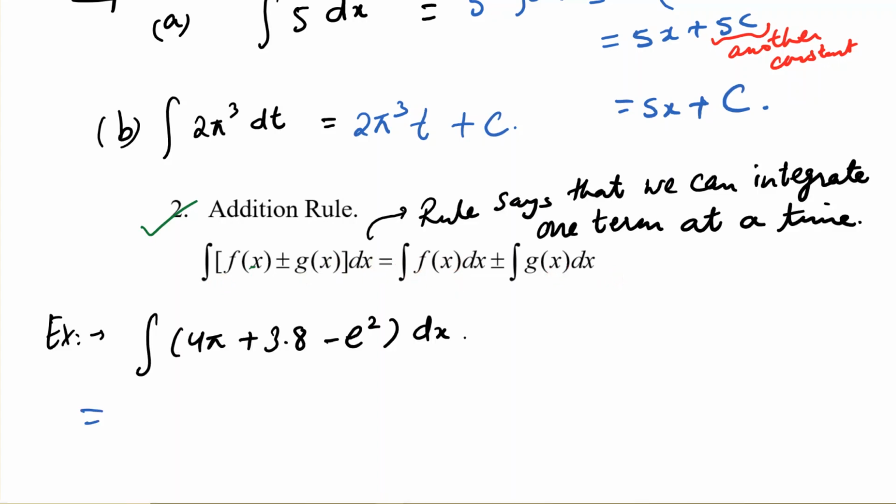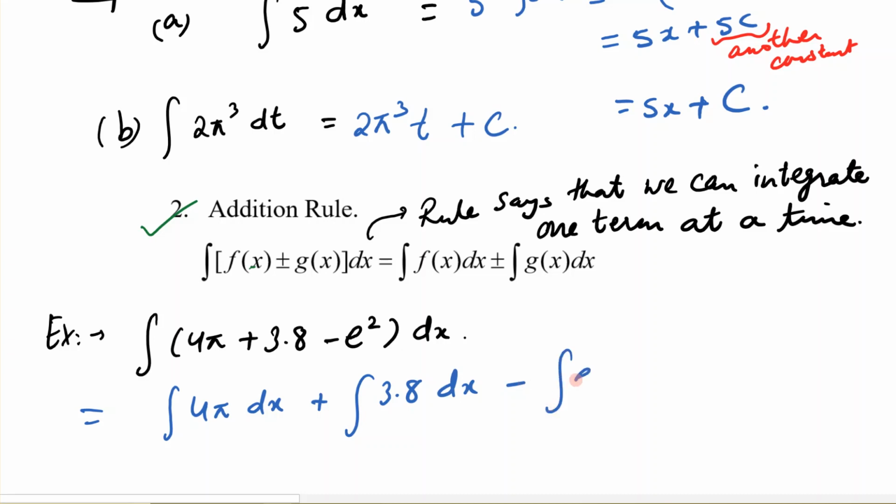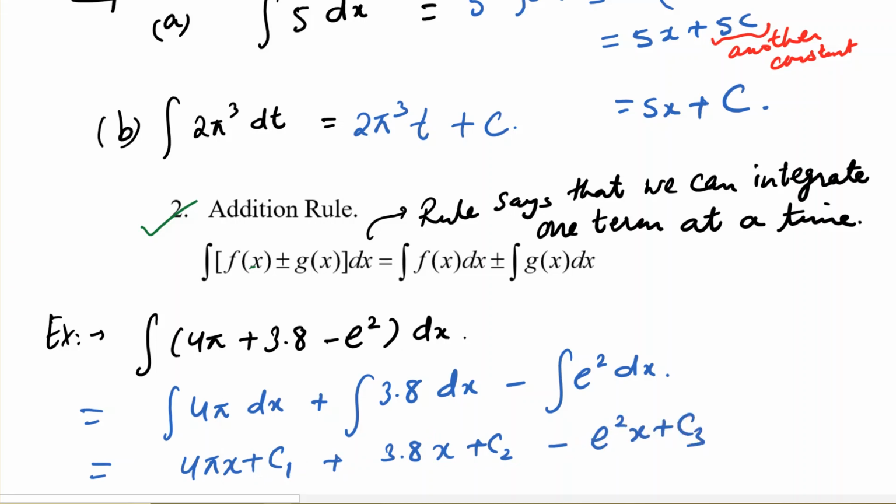So if you want to find the integral of 4 pi plus 3.8 minus e squared dx, you can write this as the sum of three integrals. You can split the terms. So 4 pi x plus c1, 3.8 x plus c2, and e squared x plus c3.